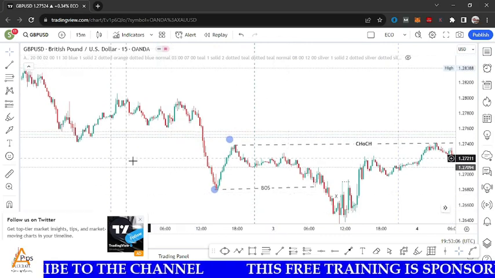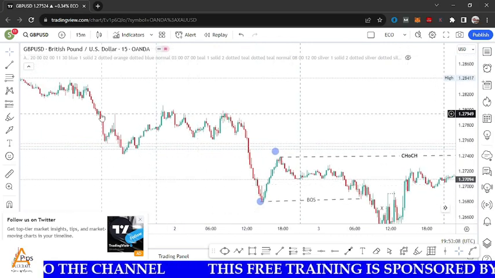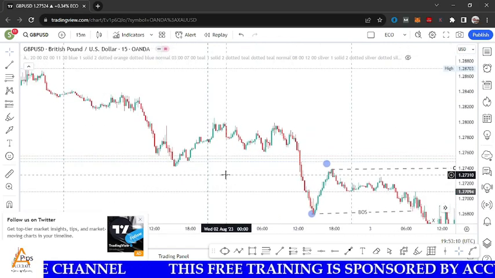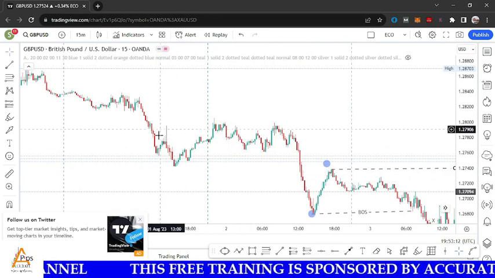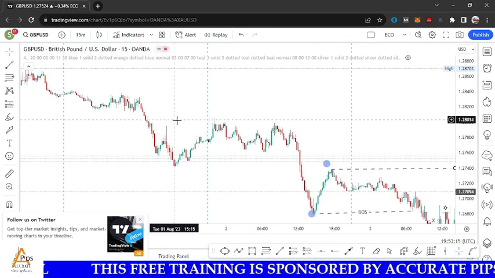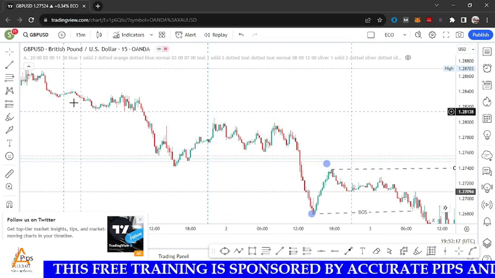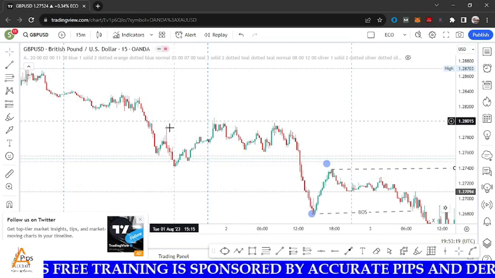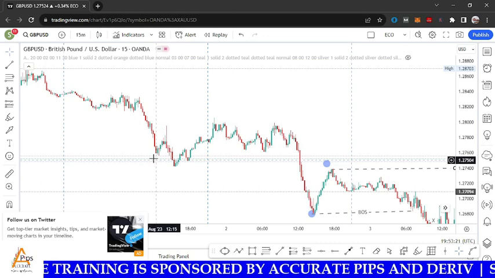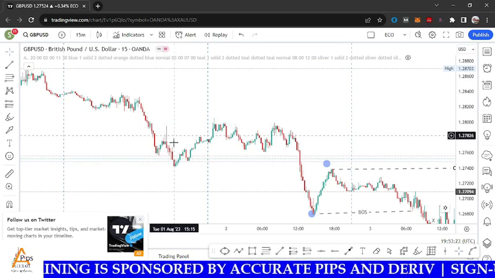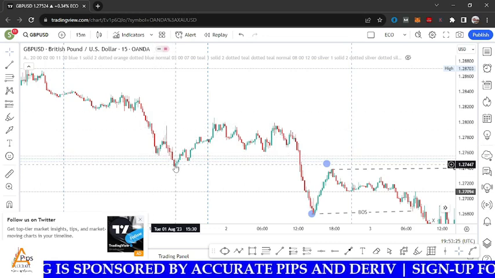So now let's come to this area and see if we can get such a scenario here. So here we are in a downtrend. Now this is an internal structure. This is a valid pullback, and it's an internal structure taking the low.